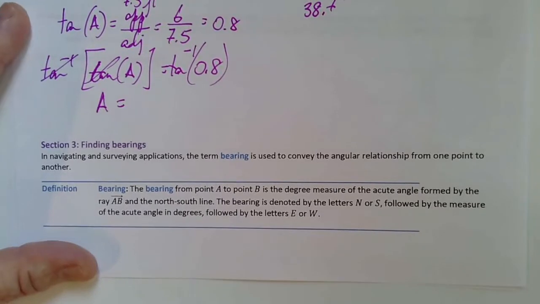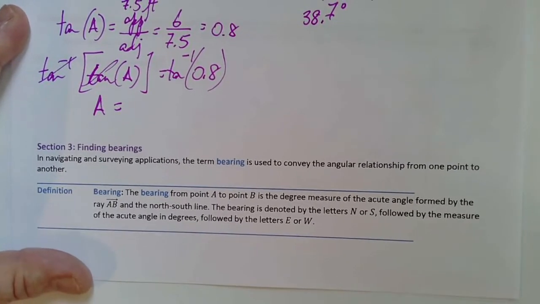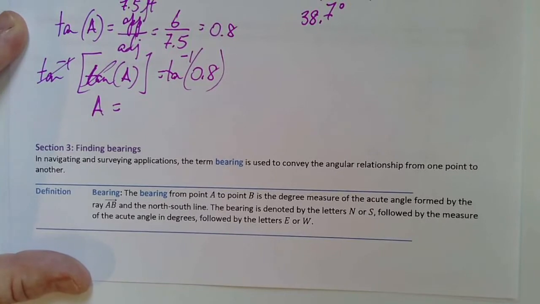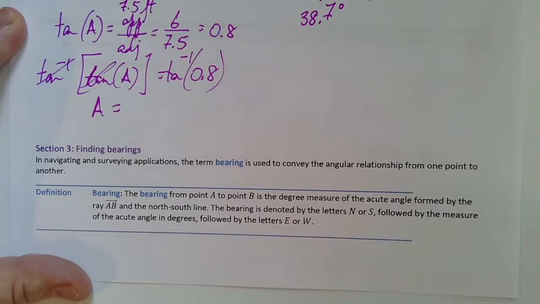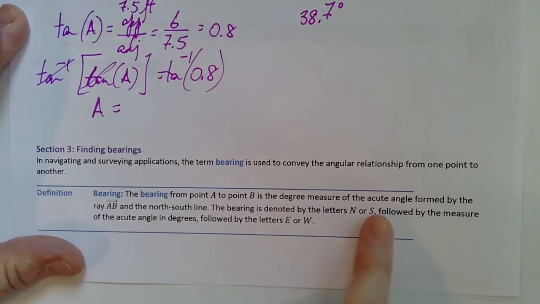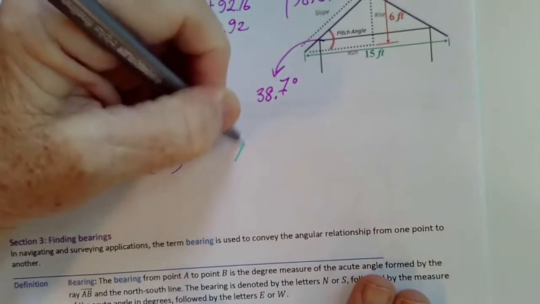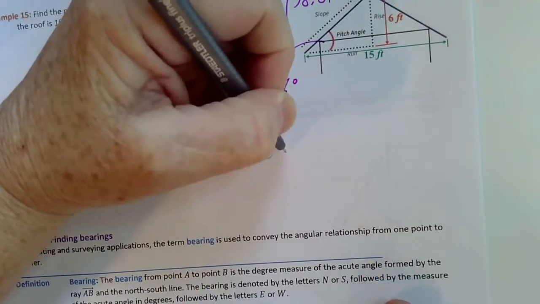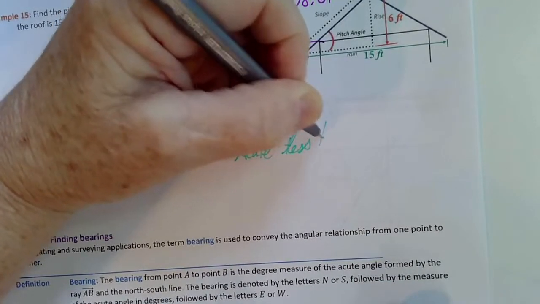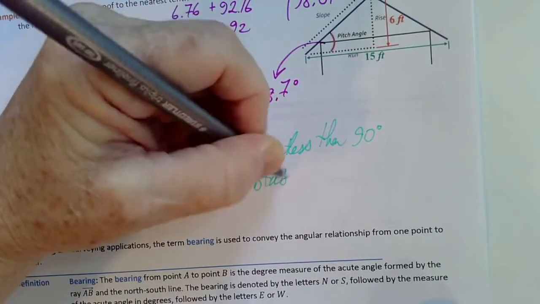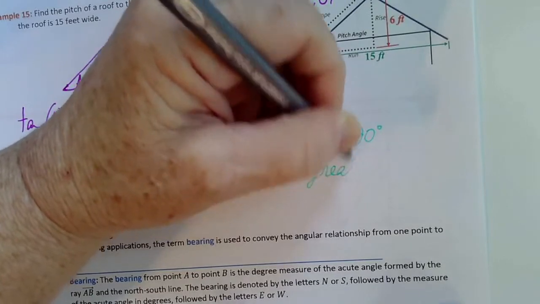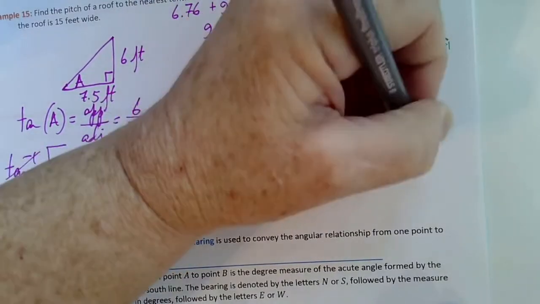Bearings. In navigating and surveying, the term bearing is very often used. It has an angular relationship from a point of view of the north. So from point A to point B, the degree measure is the acute angle. Acute is less than 90. Let's write that down. Acute is less than 90 degrees. Obtuse is the other one, greater than 90 degrees.